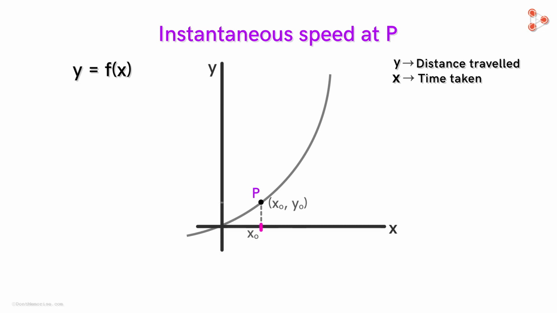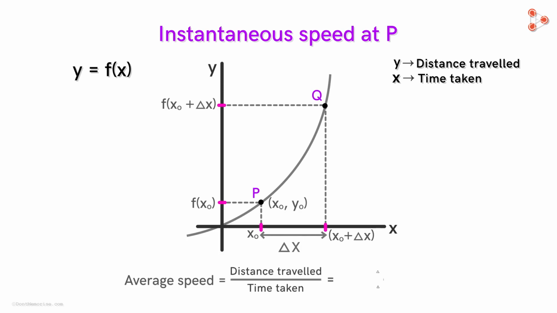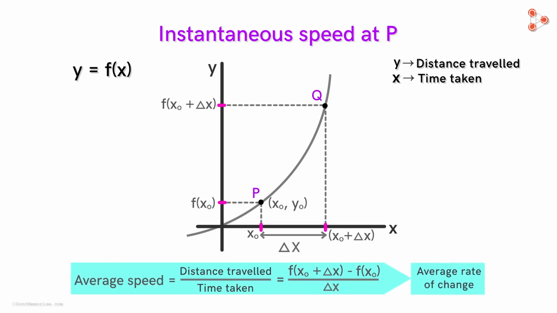For this, we first find the average speed for some time interval delta x. At x0, the distance covered will be this. And at x0 plus delta x, it will be this. So the average speed in the time interval delta x will be equal to this. For a function, this ratio is called the average rate of change.